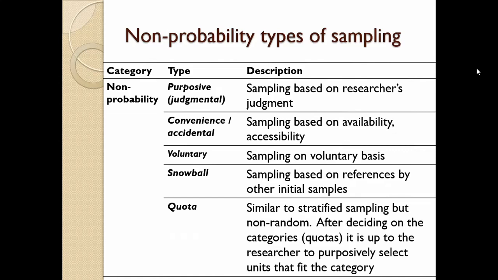Okay, so that's what makes it different from stratified sampling, and that's why it belongs to non-probability. So after deciding what categories you want to study, those are quotas, it is up to the researcher to purposely select the units that would fit the category. So the researcher would judge in this case.